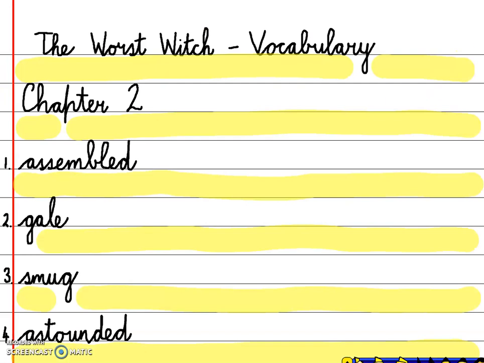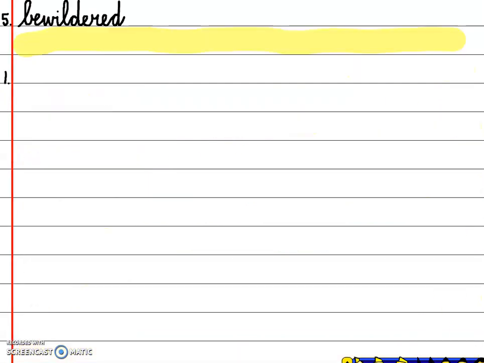So our first word is the word assembled. So we're going to say, I'll use the example I've already given you, which is the whole school assembled in the big hall. So they gathered together in the big hall.